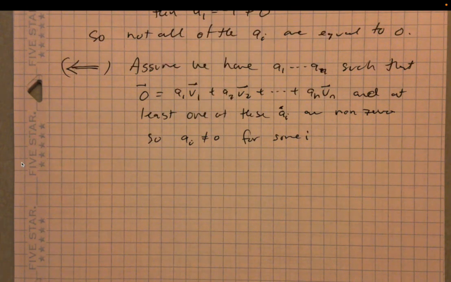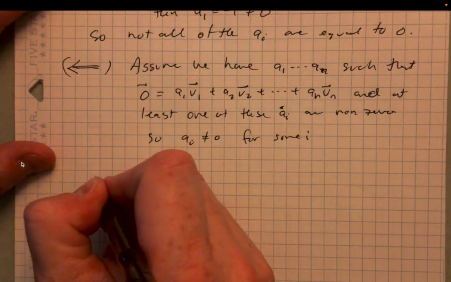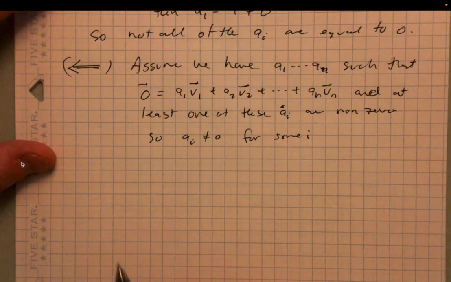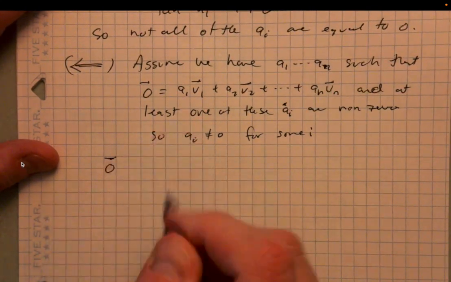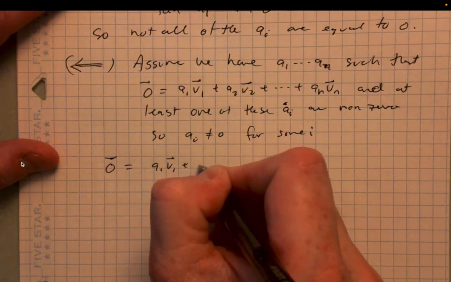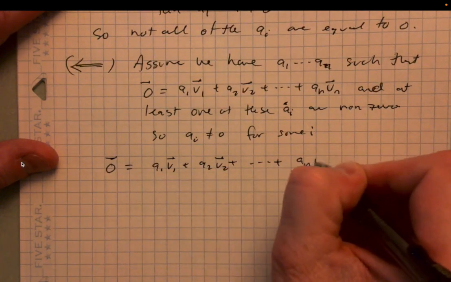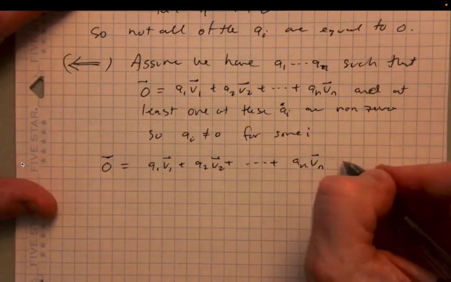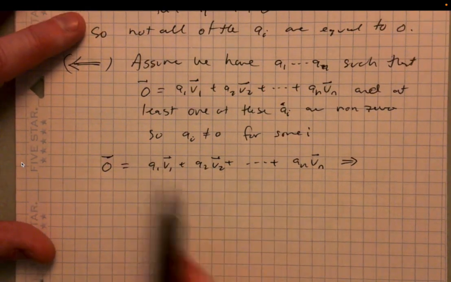What does that mean? Let's pull the ai out and put it on the other side. Let's do it in order so people can see how this is working. 0 equals a1 v1 plus a2 v2 plus dot dot dot plus an vn. We start with this. Now some ai in here has a non-zero coefficient, so let's isolate it and pull it on the other side.